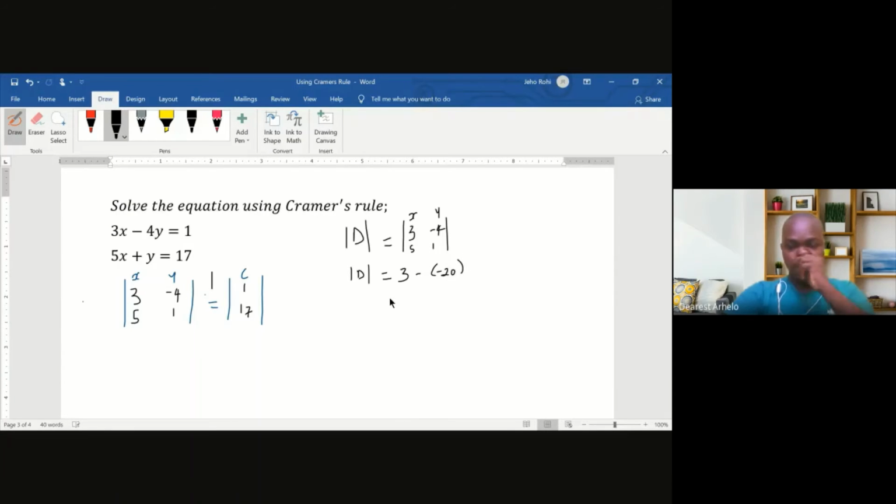So 3 minus a negative is a plus 20. So therefore, the determinant of d is equal to 23. As you can see, my d determinant is not equal to 0, so I can use Cramer's rule and continue.